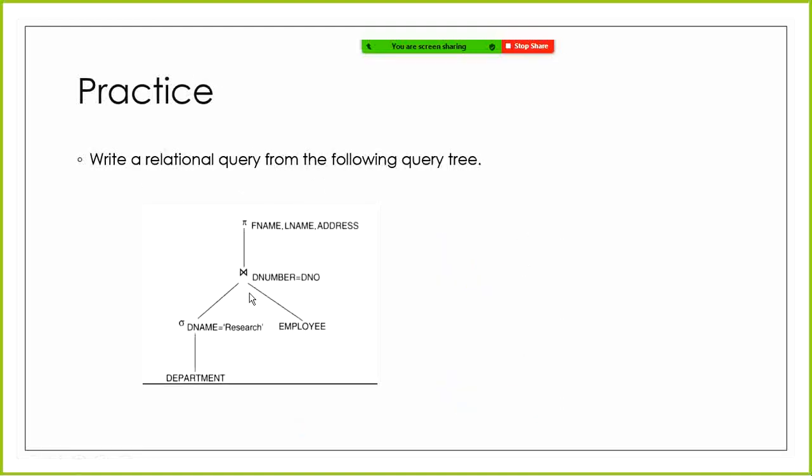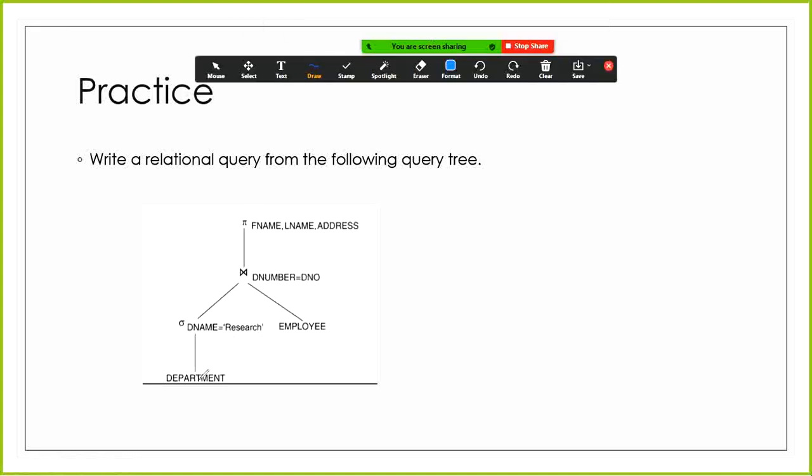Now we have been given a query tree and we have to write a relational algebra expression from this query tree. So first we have to apply this select operation on department. So here we will write the department table name, and we have to apply this select statement that D name is equal to research.